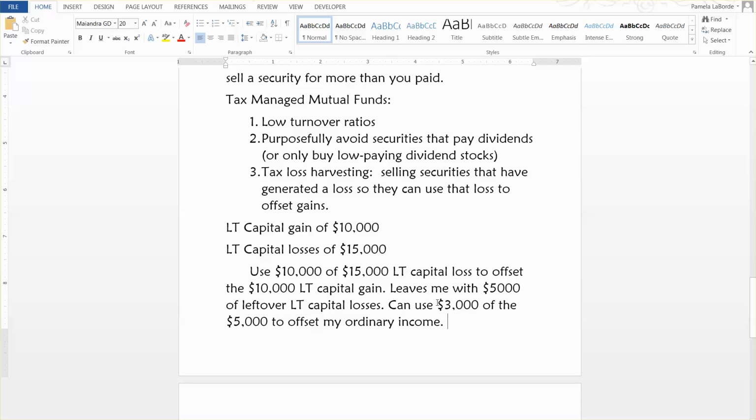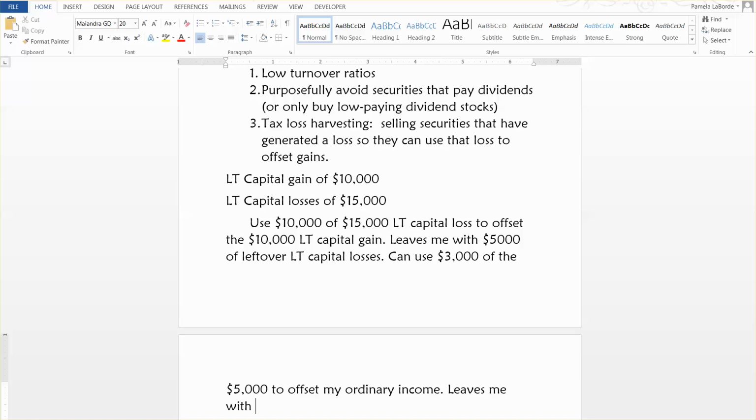So basically 3,000 of this 5,000 can be used to reduce my taxes on my ordinary income, but that still leaves me with $2,000 that I haven't been able to use to offset anything yet.